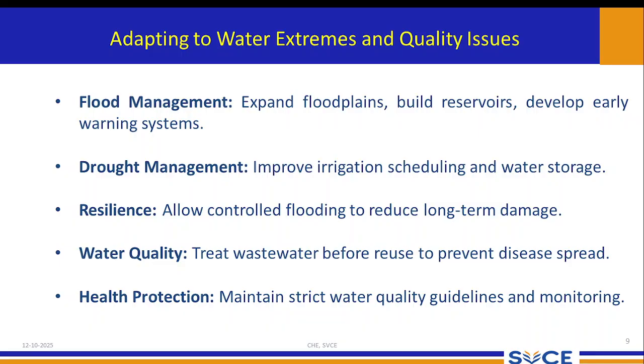Coming to adapting to water stress and quality issues. Flood management: expand flood plains, build reservoirs, develop early warning systems. Drought management, resilience, water quality and health protection. Drought management: improve irrigation scheduling and water storage, very important.